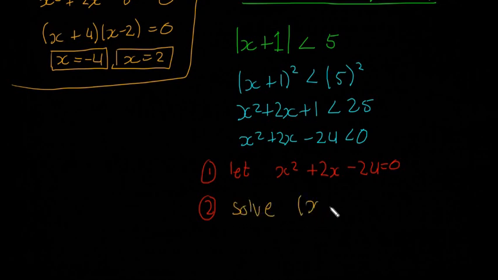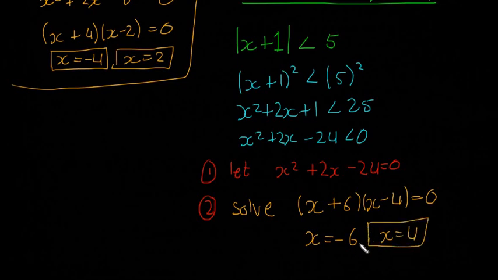We factorize it: x plus 6 and x minus 4 equal to 0. That gives x is equal to -6, or x is equal to 4. So put two boxes around that.